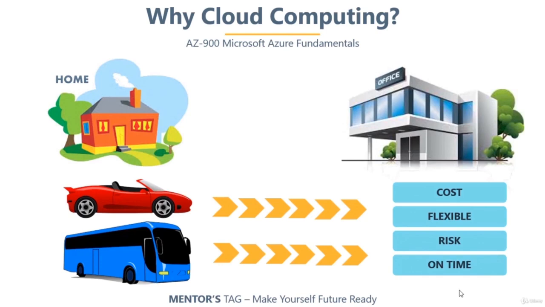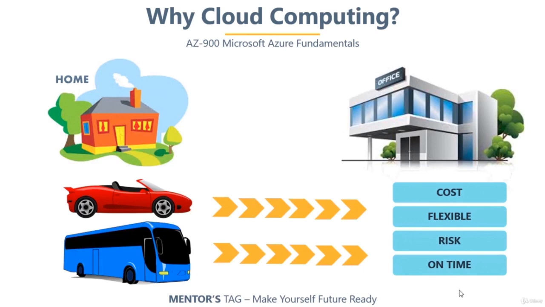Now, I do not want to compare this further with the car and bus, because in this case we will not come to any conclusion. But to understand this properly, let's just assume that your car is actually your own data center where you're storing your data, which is your organizational data center. And let's say the bus is that public transport which is available to you on a pay-as-you-go basis.